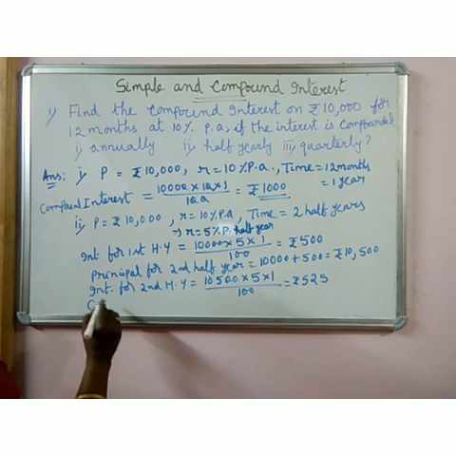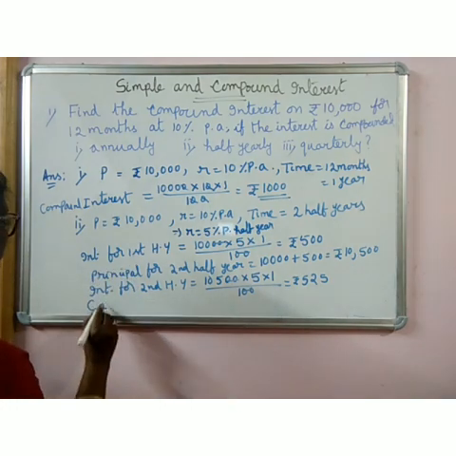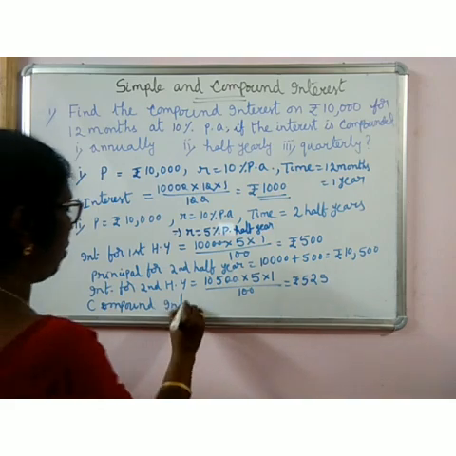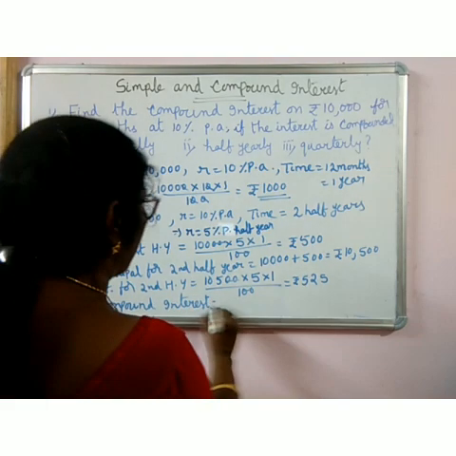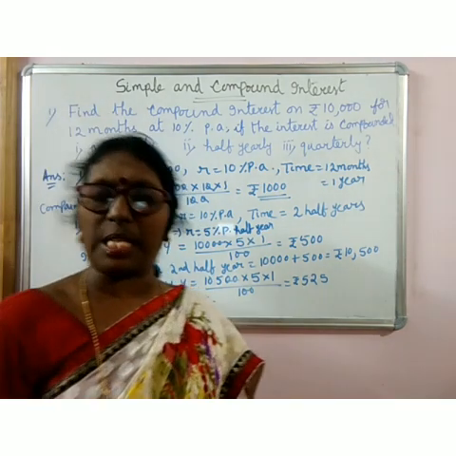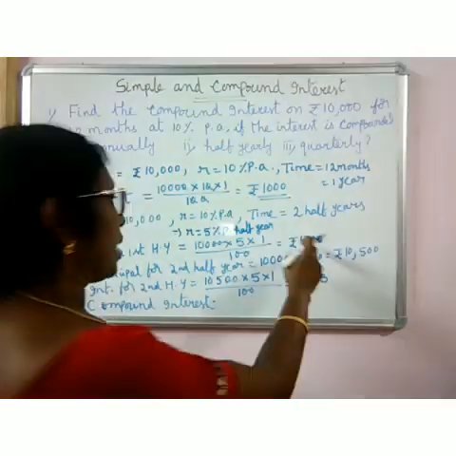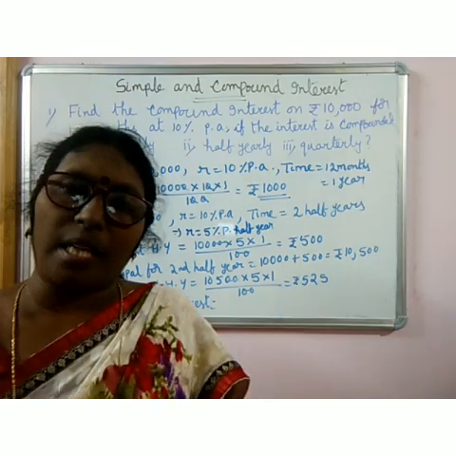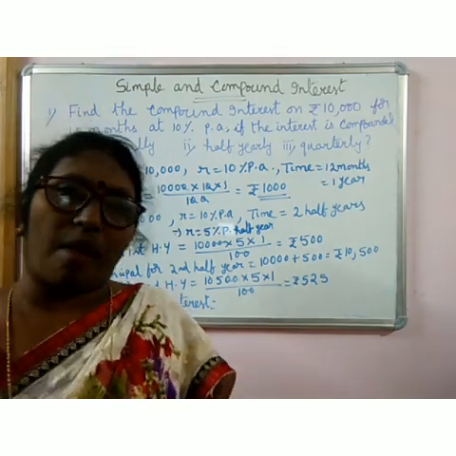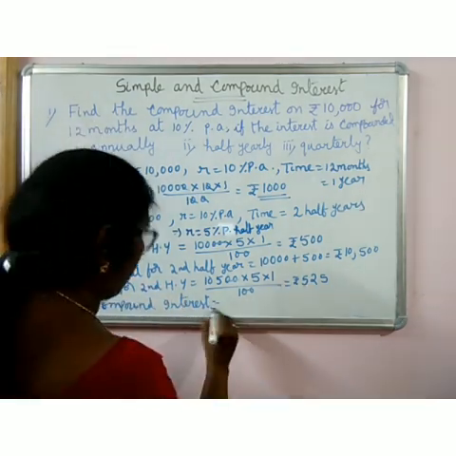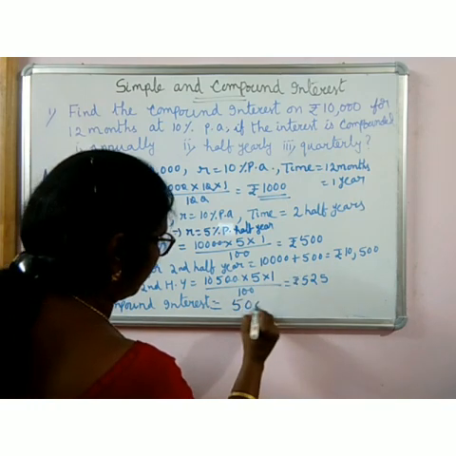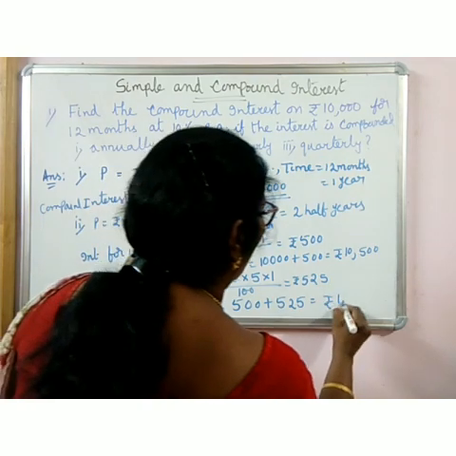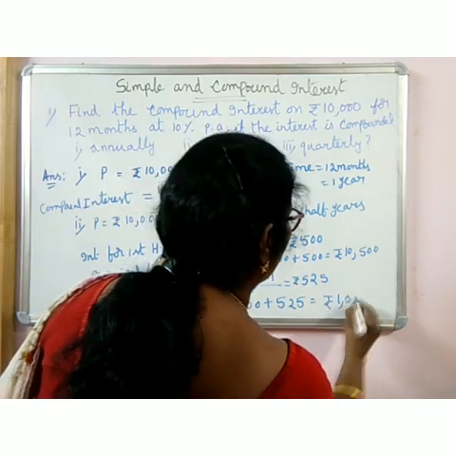Compound interest in this case is, let me write, there are two ways. One is final amount minus principal. Otherwise, interest for the first half year plus interest for the second half year. If you add up also, you are going to get compound interest equal to 500 plus 525, that gives you 1,025 rupees.